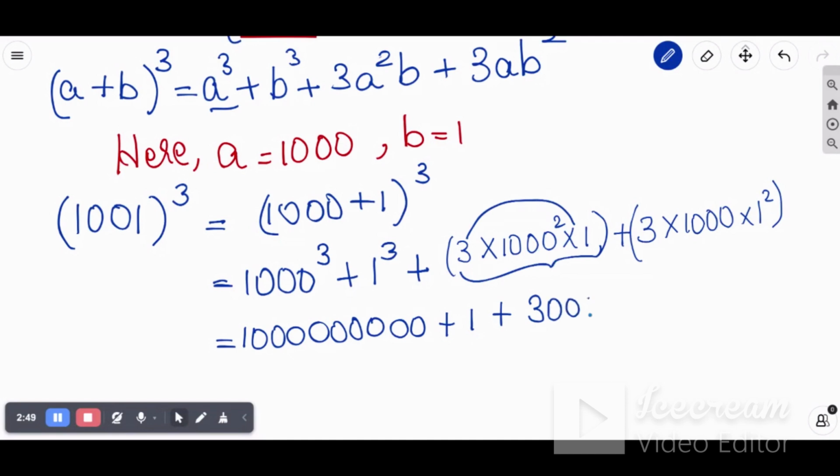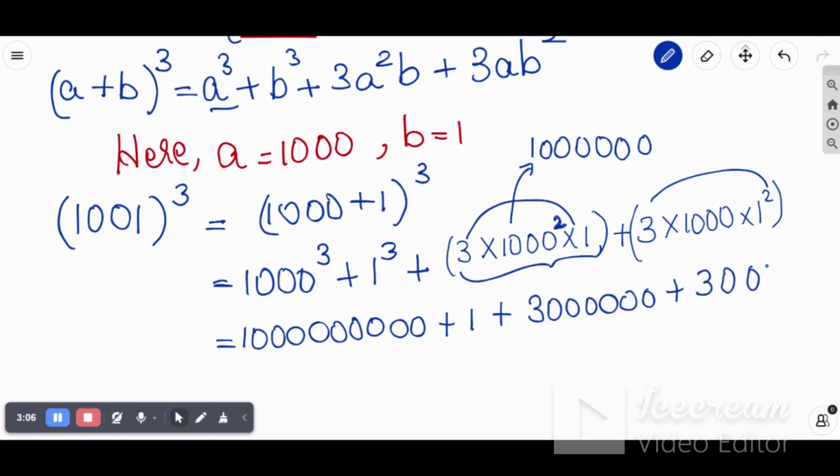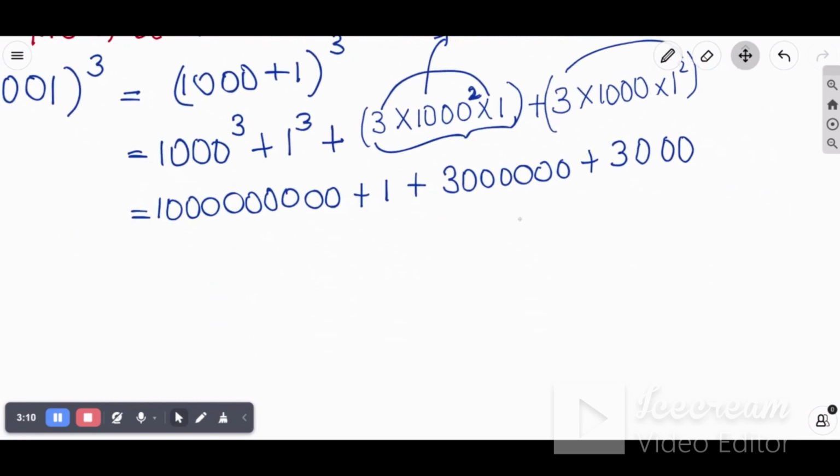So 1, 2, 3 and again 1, 2, 3. Because we have got a square here. So this answer will be, you have to write 1000 once and one more 1000. Okay. Plus you have to write 3 into 1 is 3 and this will be a 3000. So now we have got so many zeros. So be careful with your zeros.